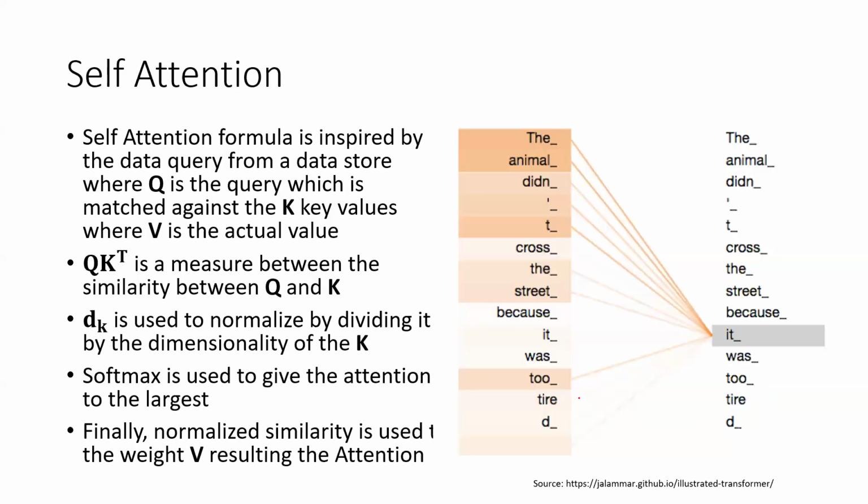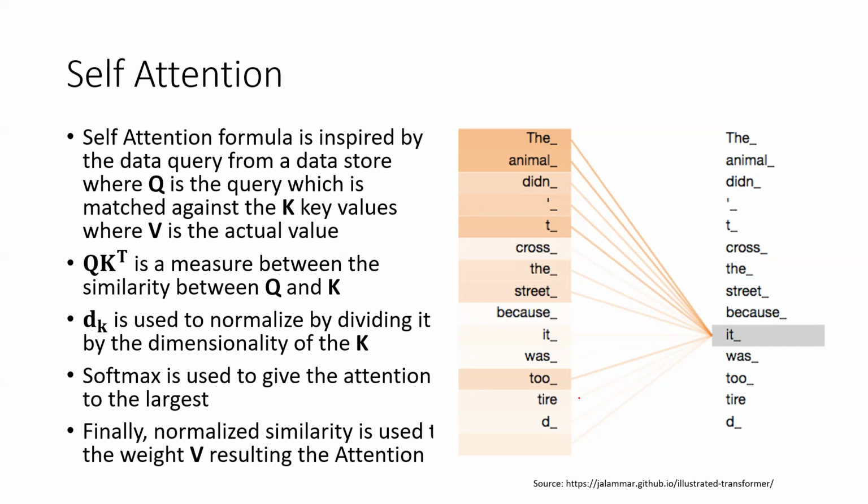Now let's see why we are using this self attention. This self attention is born from the concept that I have just explained: querying a key-value pair database with a query parameter.